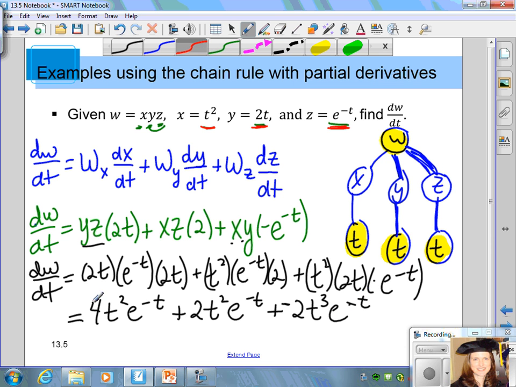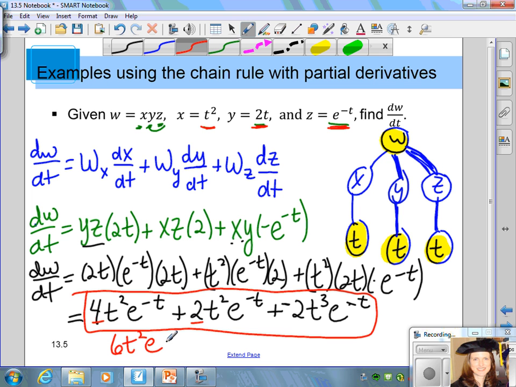Okay, now we can say this is our answer. However, we can use algebra a little bit to simplify this. In fact, 4t squared and 2t squared, I would go ahead and write that as a 6t squared e to the negative t minus 2t to the third e to the negative t. You can even further simplify this by factoring out a common factor and writing it that way.